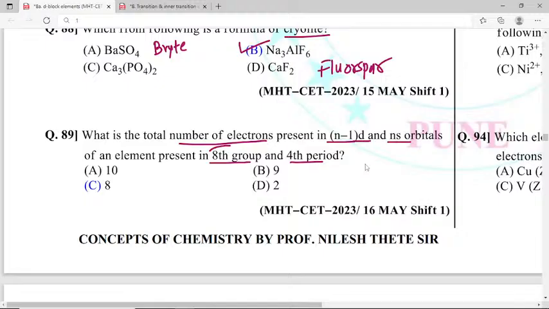Always remember, the group number is the total number of electrons present in the valence shell. So simple, group number.